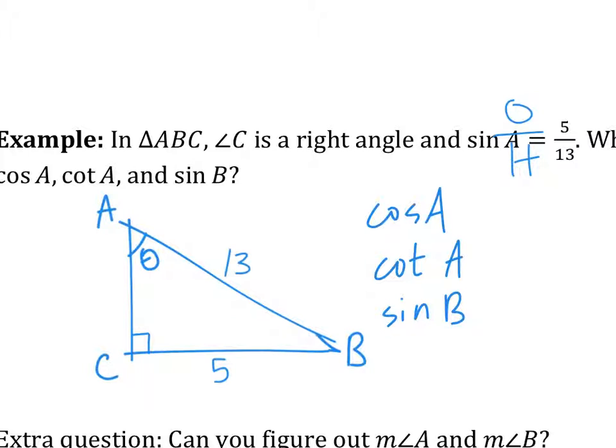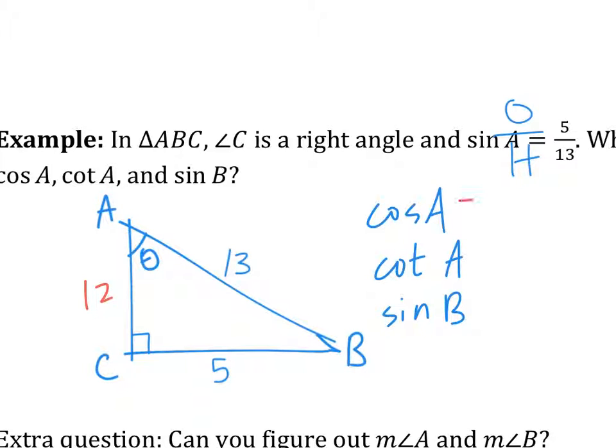All right, first question, what is cosine A? Cosine is what side over what side? Adjacent over hypotenuse. So cosine of A, relative to this angle, we need adjacent over hypotenuse. Now, do I have adjacent? Not yet, okay? We can figure it out by Pythagorean theorem, or if you memorize your triangle, what's that last length there? 12, okay.